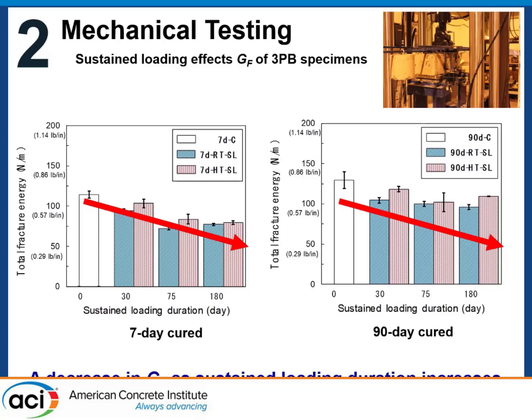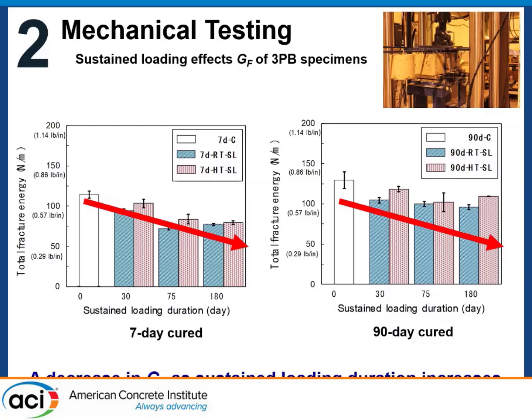In the case of the 3-point bending specimen, we have tested the total fracture energy on your vertical axis. And then on the horizontal axis you have different things. You have 7-day cure specimens. You have 90-day cure specimens. And here you have the blocks for the different sustained load durations.